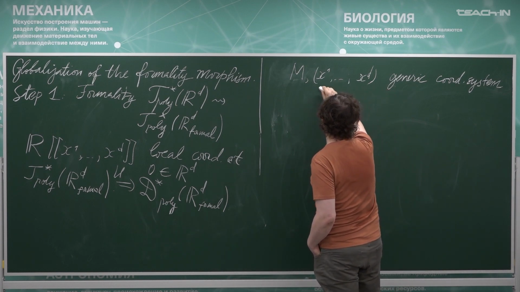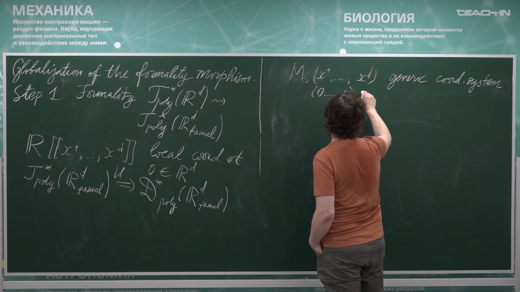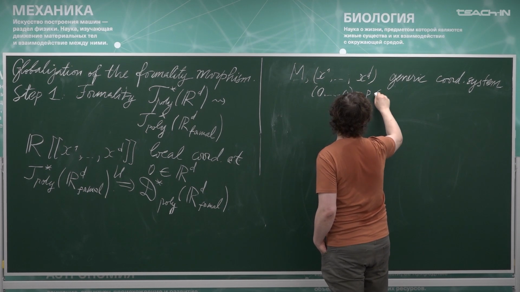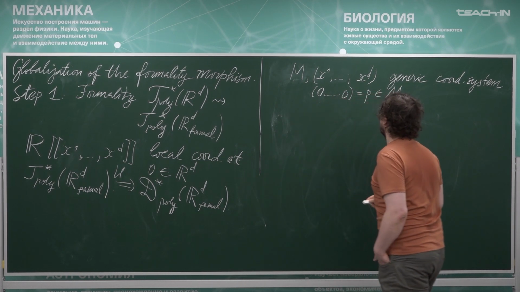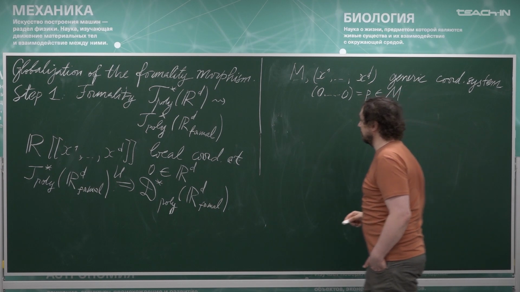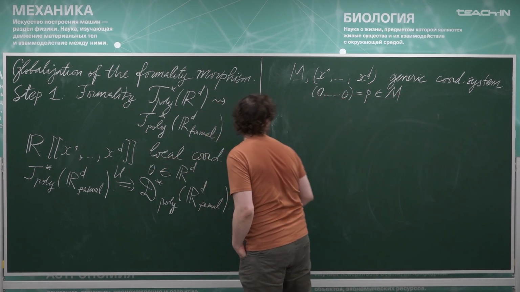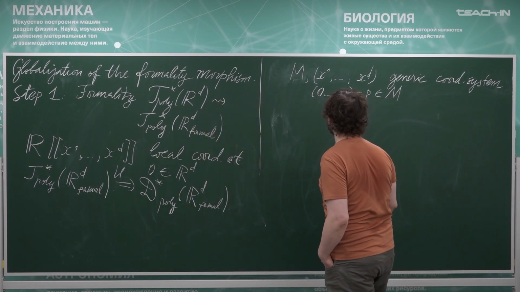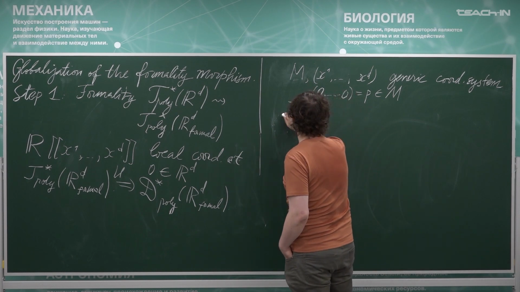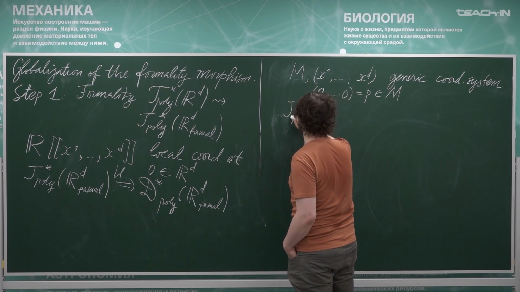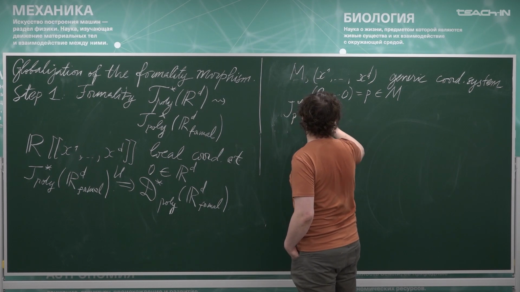I mean, say 0, 0, 0, 0 will correspond to point P in M. Then these formal power series can be identified with the classes of functions at this point, so-called infinite jets of functions.